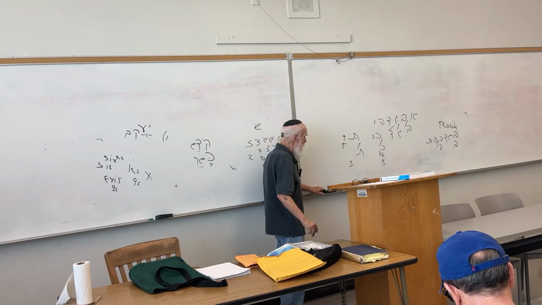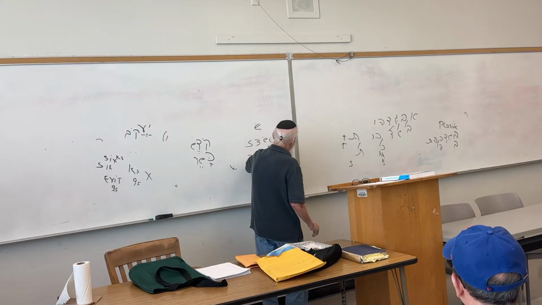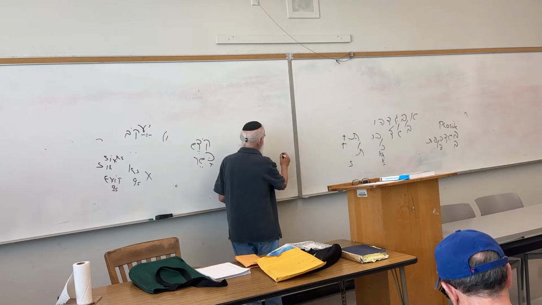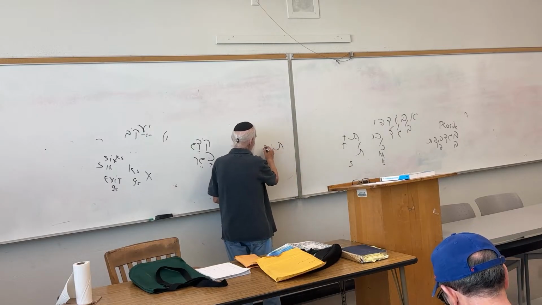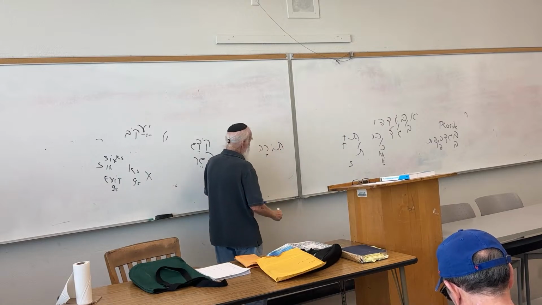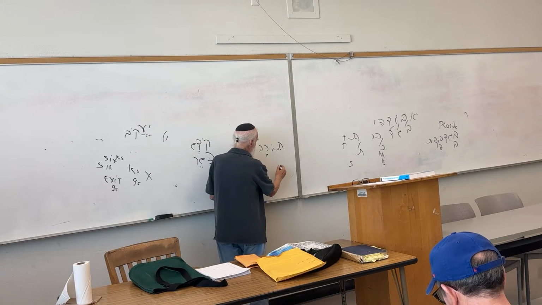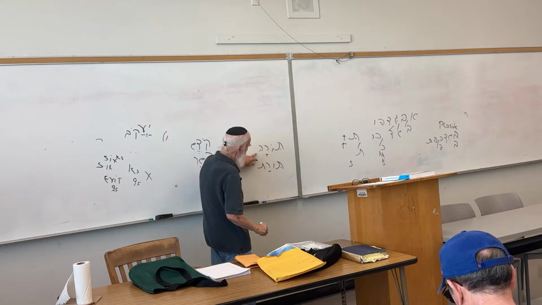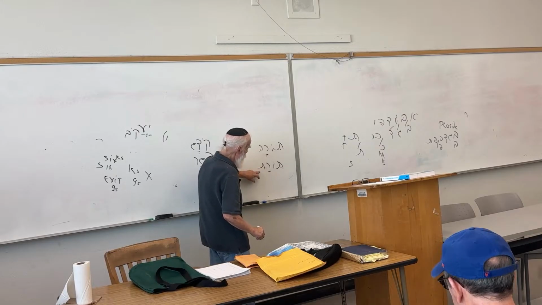Let me give you an example. The Torah of Moses, the word Torah. If I want to say the Torah of Moses, I write the word Torah. Look at the spelling at the end. This is the absolute word Torah. This is Torah of.